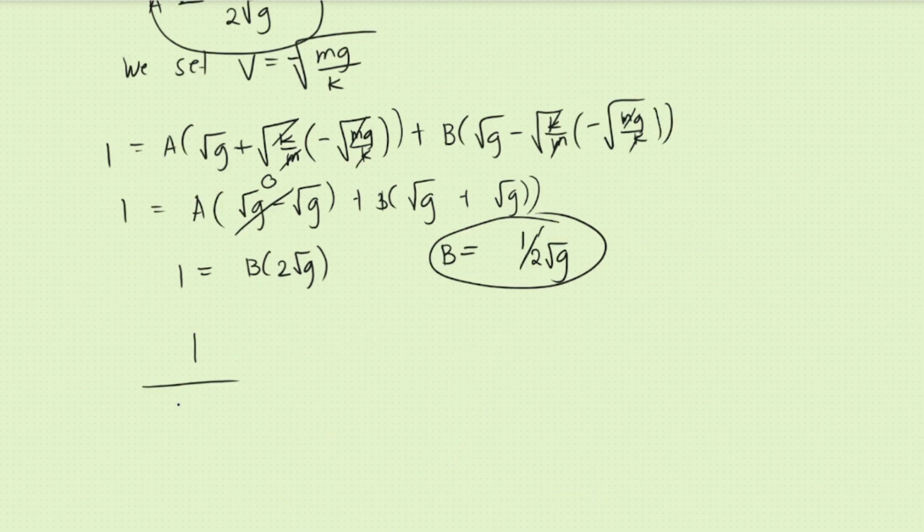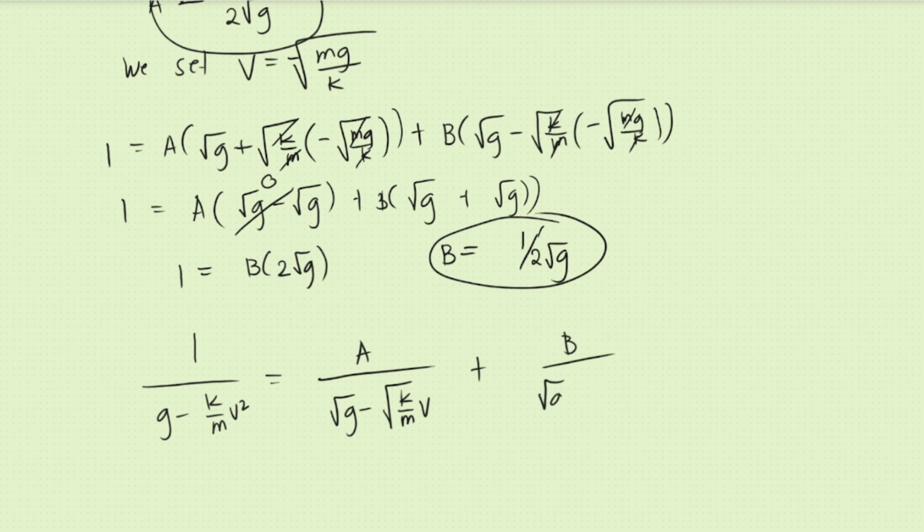So we'd be getting 1 over g minus k over m v squared is equal to a over square root of g minus square root of k over m v, plus b over square root of g plus square root of k over m v. So we just changed the value of b, which is 1 over 2 square root of g, and the value of a is also 1 over 2 square root of g.